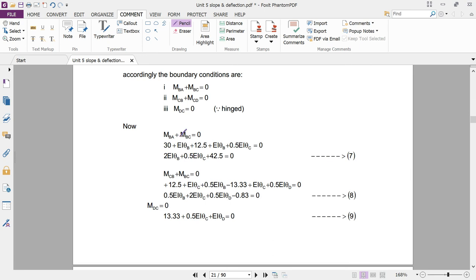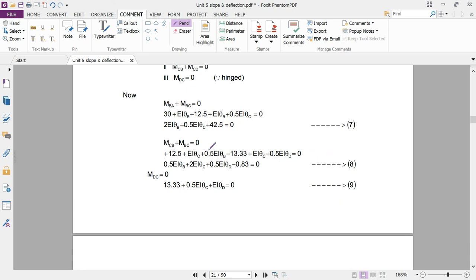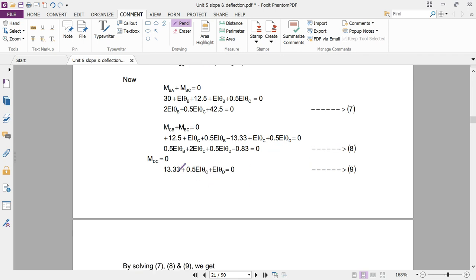We put the BA and BC values from the above equations, add them, and you get the next equation, number 7. Similarly for M of CB plus M of CD you get the answer like this. M of DC is already 0, so you can directly equate that equation to 0.